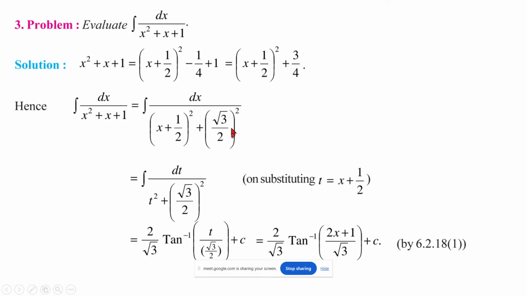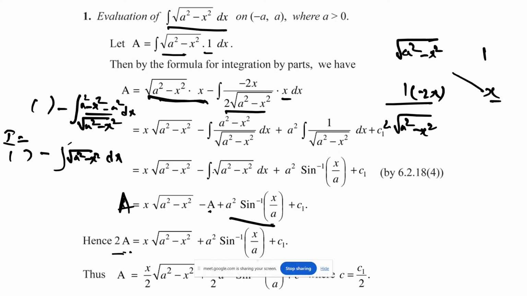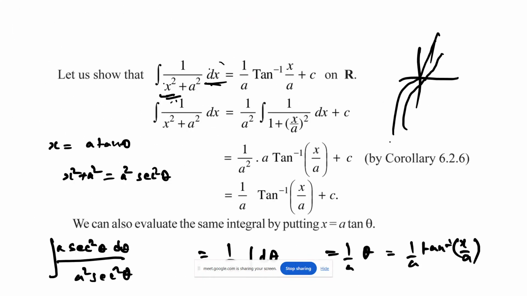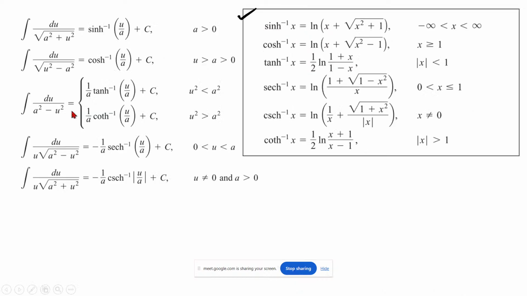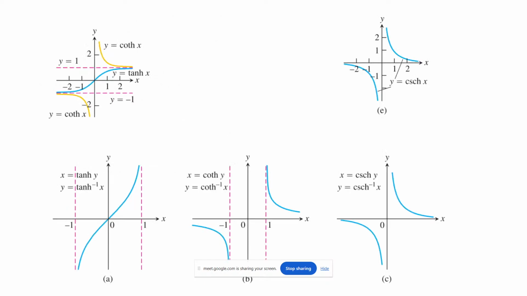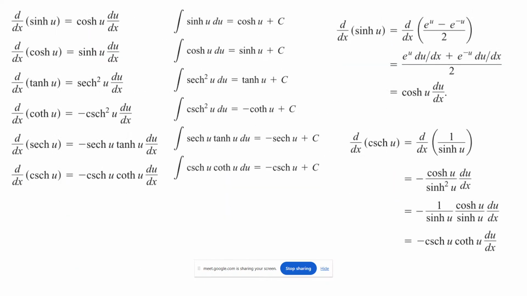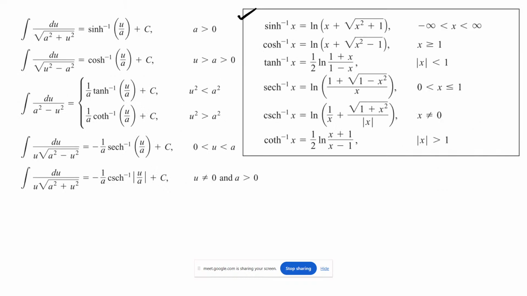You have to be a little careful. You remember the formula, no? Tan inverse t by a, or 1 by a tan inverse t by a. You will remember those formulas, no? I will give you a small hint also. You have to be a little careful about where you get 1 by a and where you don't get 1 by a.